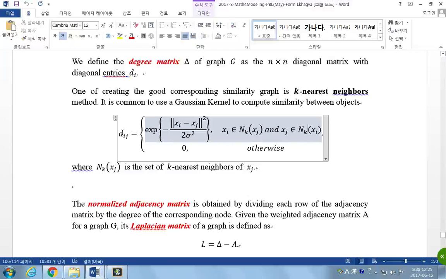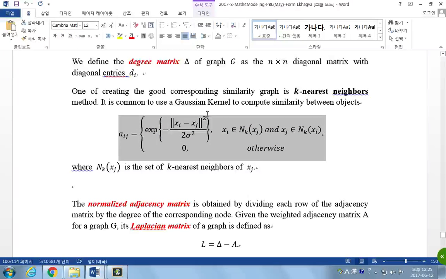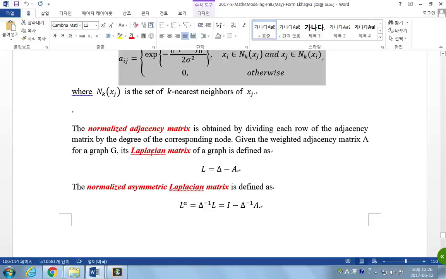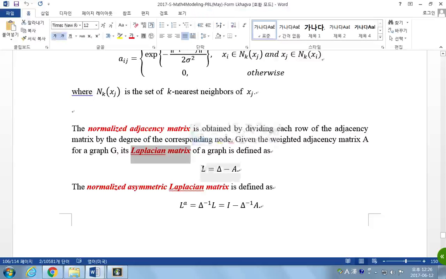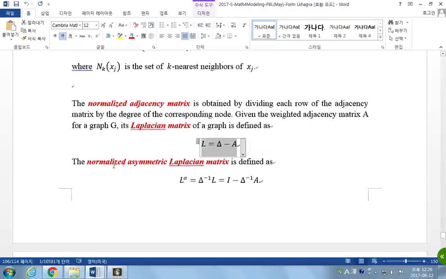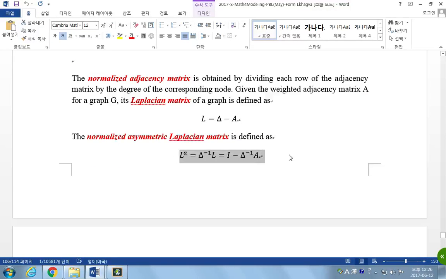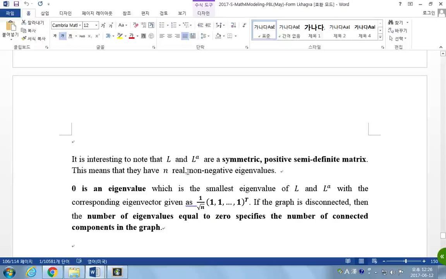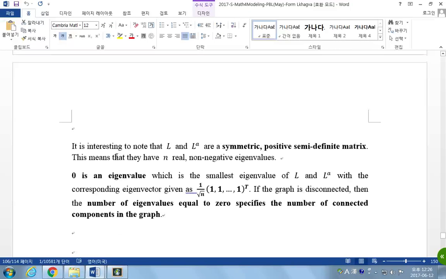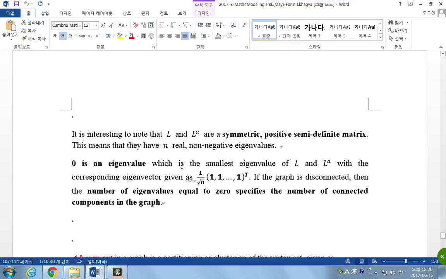Then we can construct the similarity matrix by this formula, where N_k is the k-nearest neighbor set of x_j. Here the Laplacian matrix is defined as this, and the normalized asymmetric Laplacian matrix is defined like this. Also, it is interesting to note that L and L are symmetric and positive definite matrices, and 0 is an eigenvalue, and the corresponding eigenvector is this.